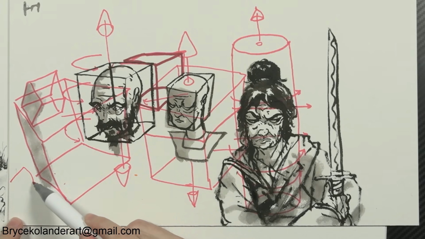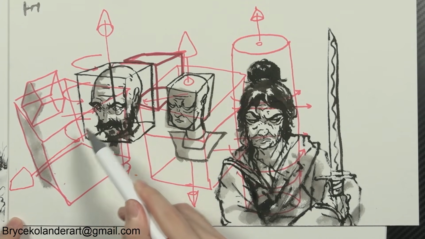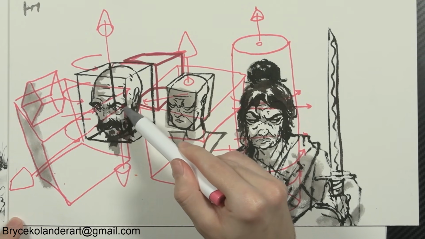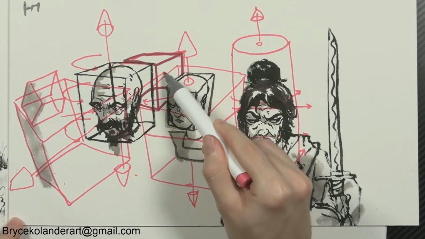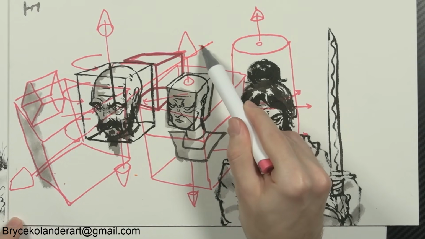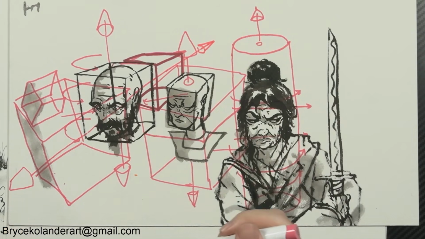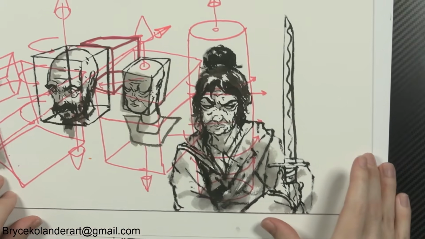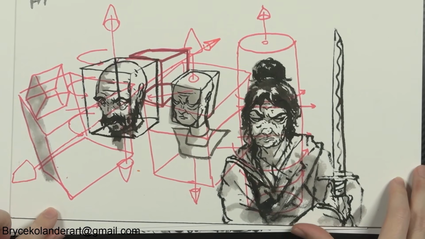So then I have this going through my characters, and it's going back and shooting out that way. So I have a bit of a pushback going on with the boxes.